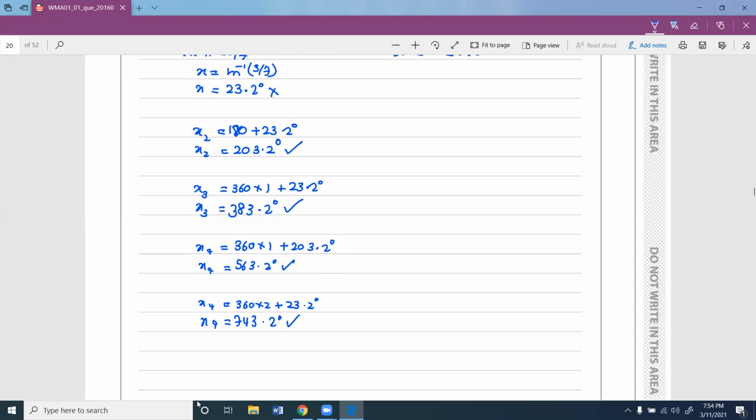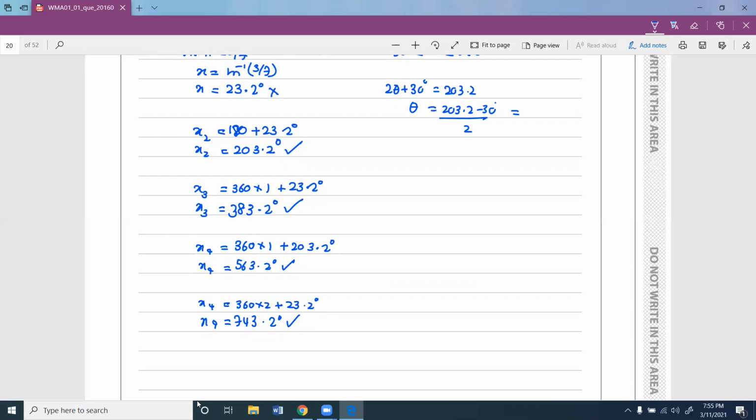Now we don't need the solution for x. We need the solution for theta. Therefore, from the first solution, 2 theta plus 30 equals 203.2. With this, theta equals 203.2 minus 30, divided by 2.